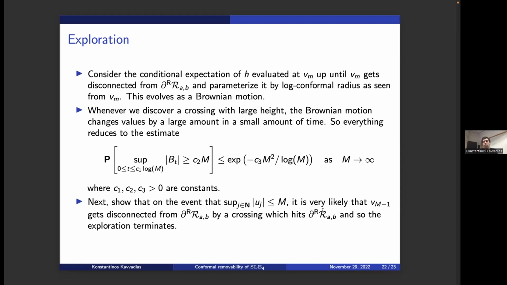And this makes sense because if we consider a crossing which gets arbitrarily close to this point here, then it will also be extremely close to the right side of the rectangle as capital M tends to infinity. Therefore, it is very, very likely that this crossing, this level line actually, hits the right side of the rectangle, and therefore the exploration terminates by discovering a crossing which disconnects this last point, which is very close to the right side of the rectangle, from the right side of the rectangle. So that's the main idea.